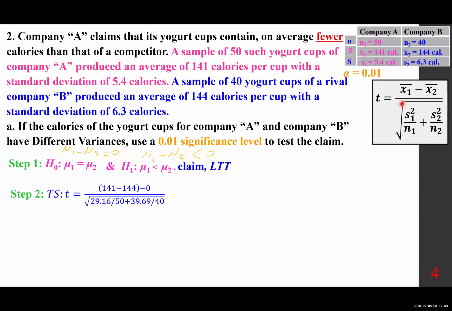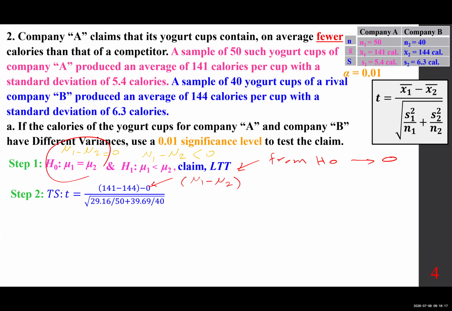By the way, the 0 that you see here, the formula really contains minus mu1 minus mu2, and this is always coming from H0, which is 0 for us.